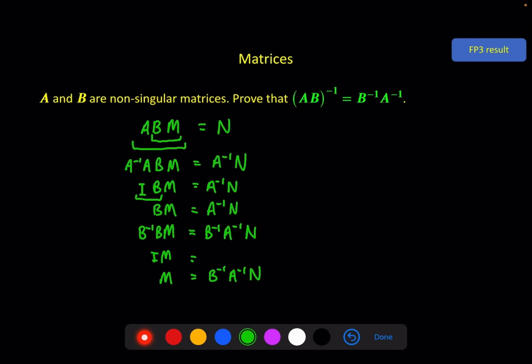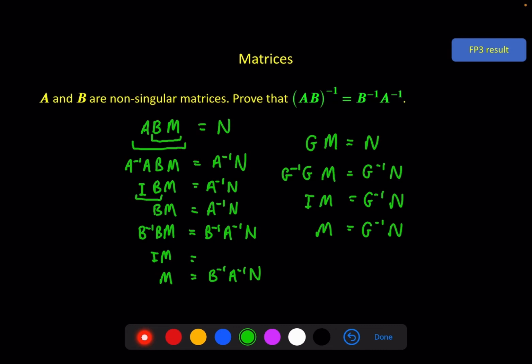Now if we really wanted to make it super clear, I could say let AB equal some particular thing like G. Apply that to M, and then the inverse of G applies there. And it just makes it that little bit clearer that it doesn't matter that there's two matrices here and two here.